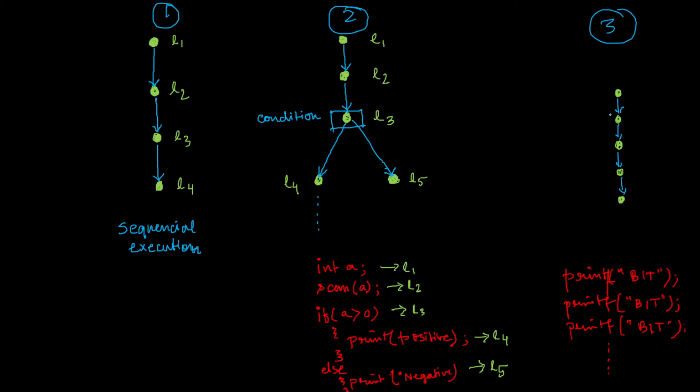Second point is that writing in this way is not at all feasible. The reason is that I told you to write a program to print bit 5 times. So you can easily write 5 printf statements. That is not an issue. But if I tell you to write bit 500 times, then how can you do this?